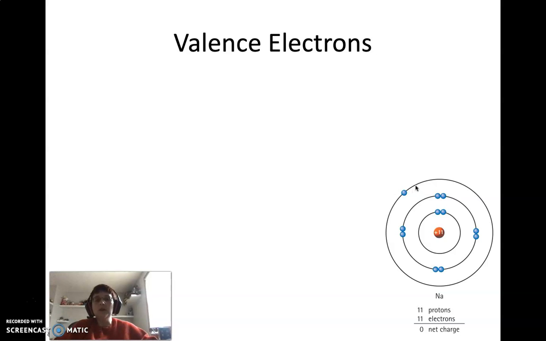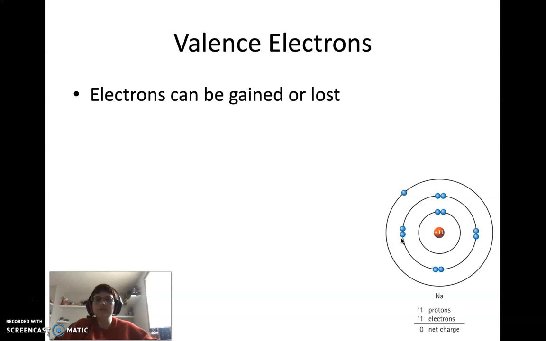Sodium would need to either get 7 to make this outer ring full with 8, or get rid of 1 so that it has 8 in the next lower ring, and it will be what I think of as happy, what we actually call stable. A stable atom is an atom that has a full electron shell with those 8 electrons.